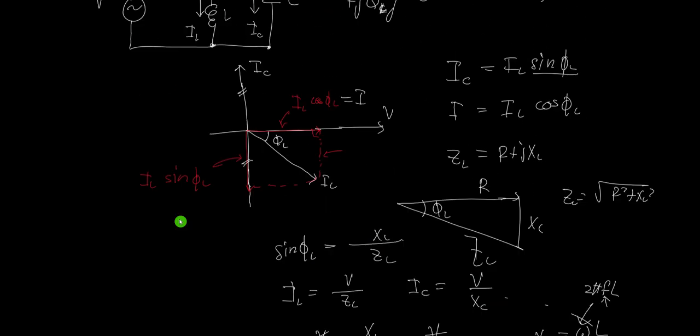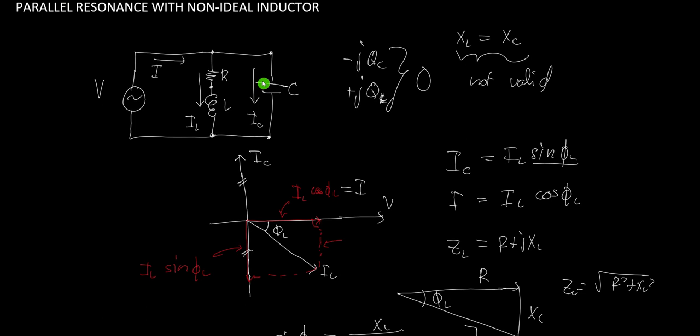Okay? Now, what happens if we also have a non-ideal capacitor? So we have another resistor here, somewhere in series with the capacitor.